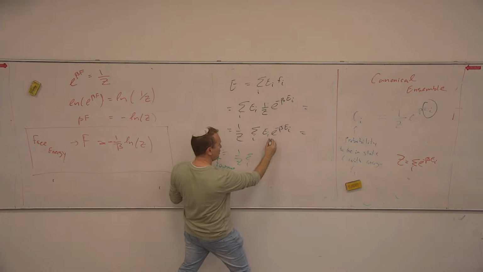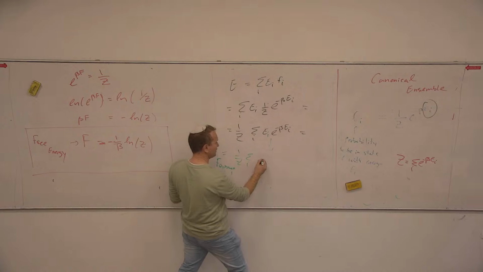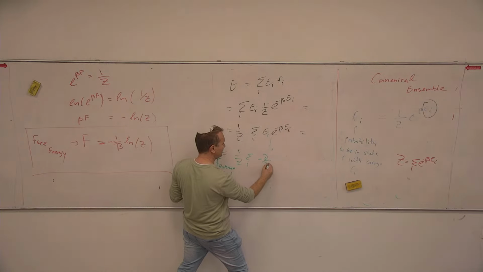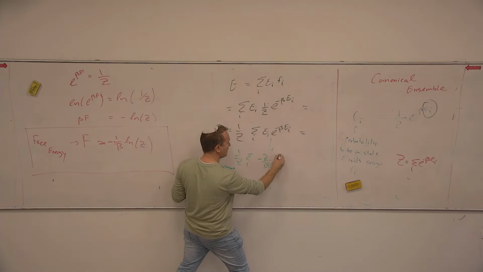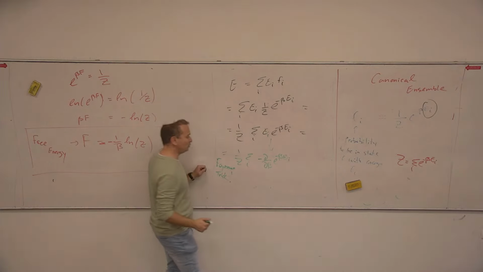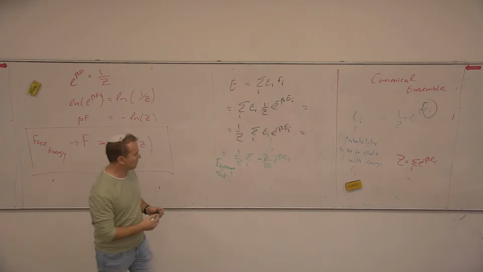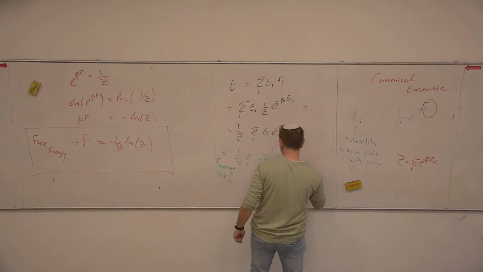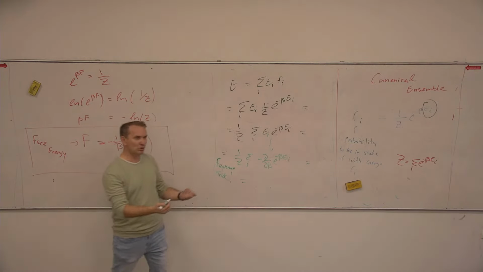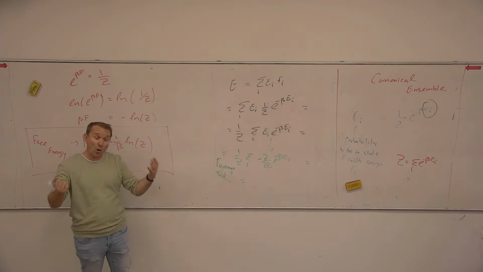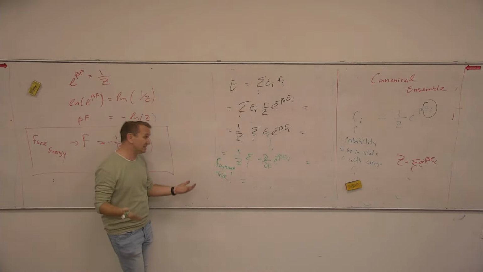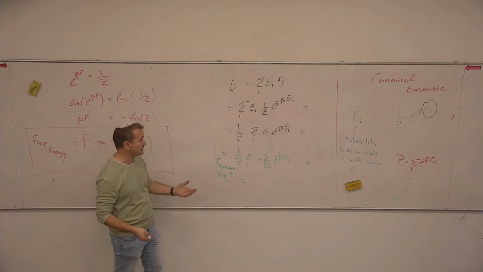So this is minus d/d beta of e to the power minus beta E_i. Do you agree with me? Okay, very nice. And this is the power of the Feynman trick. You can always describe it as some derivative.